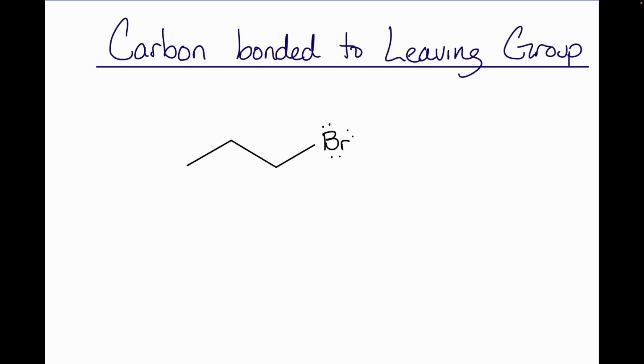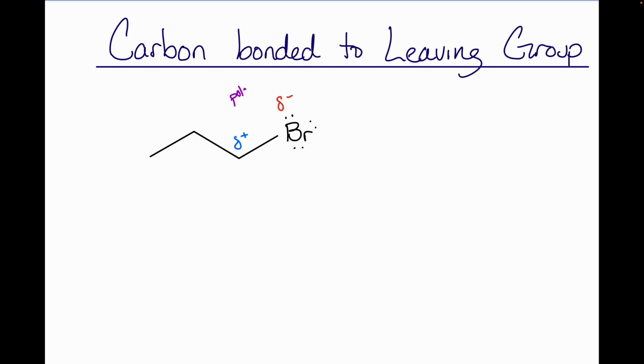Okay? Specifically, it's got these two important criteria for being a good electrophile. Number one, it's electron poor, right? And that's because we have this polar bond between bromine and carbon. Carbon being the less electronegative element means that bromine is able to pull all that electron density away from that carbon atom.